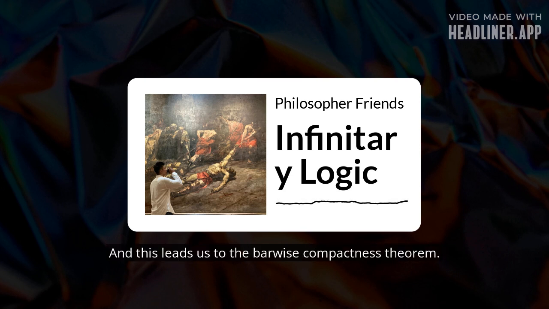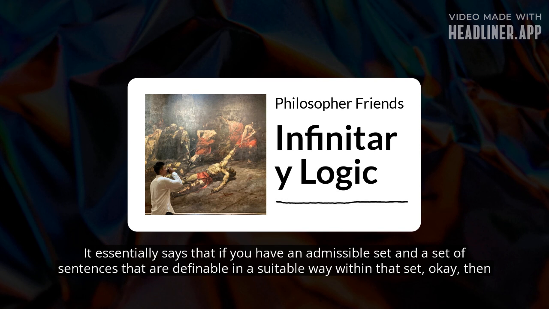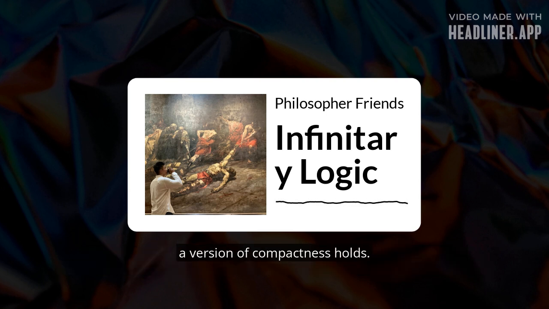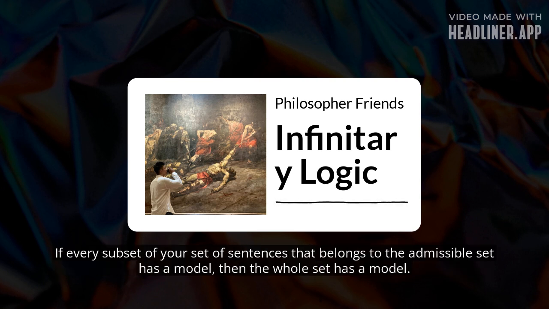Precisely. And this leads us to the Barwise compactness theorem. It essentially says that if you have an admissible set and a set of sentences that are definable in a suitable way within that set, then a version of compactness holds. If every subset of your set of sentences that belongs to the admissible set has a model, then the whole set has a model.